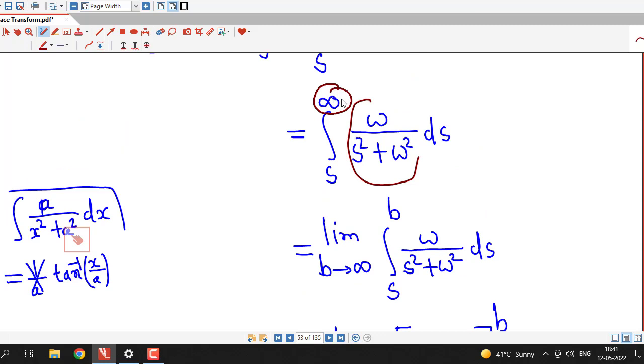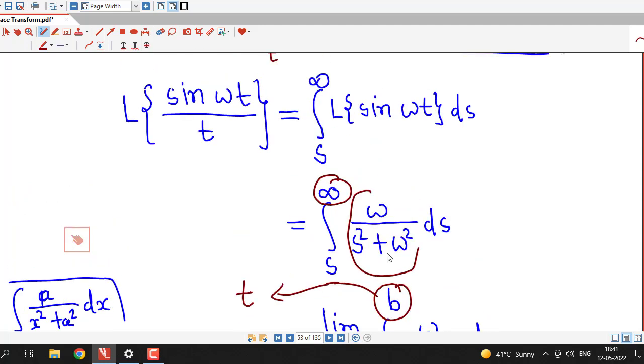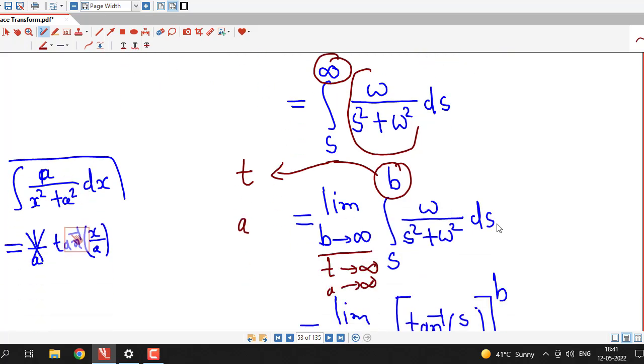We replace the upper limit by another variable, and then we consider the limit as b tending to infinity. Instead of b, you can use your own variable also. Suppose we use t here, then we will write t tending to infinity. If we write a, we will write a tending to infinity. So that is our choice. We can choose the variable as we wish.